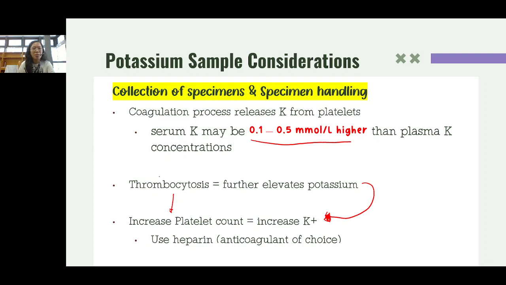So in cases where the patient has thrombocytosis, better use heparin as your anticoagulant of choice. Heparin is commonly used in the treatment of cases with coagulation problems, so in terms of measurement, heparin is preferred.